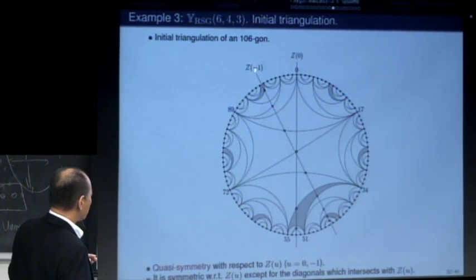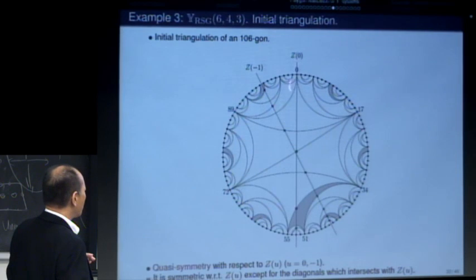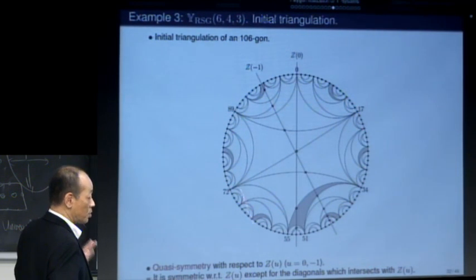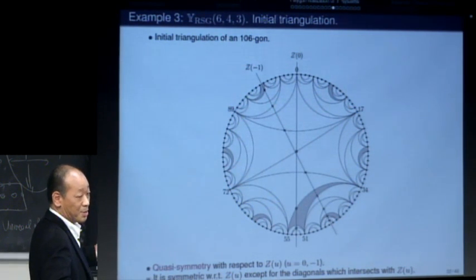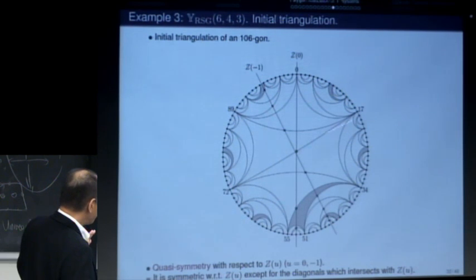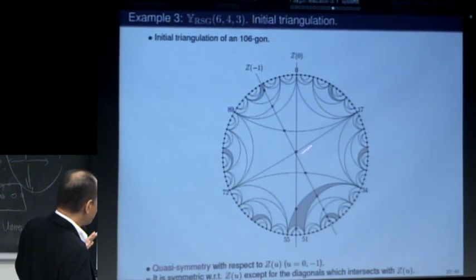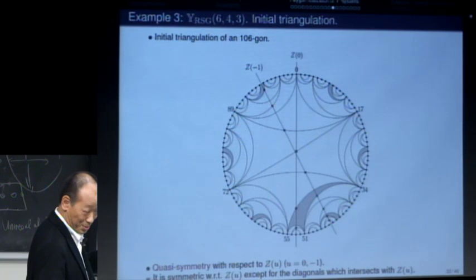Again, this has two special axes. This is a kind of quasi-symmetry. It is not a complete symmetry because we want to make a mutation. If it is symmetric, you can't do it. It's just stable. You can't do anything. But it is a little bit unstable, so you want to make a mutation, of course.